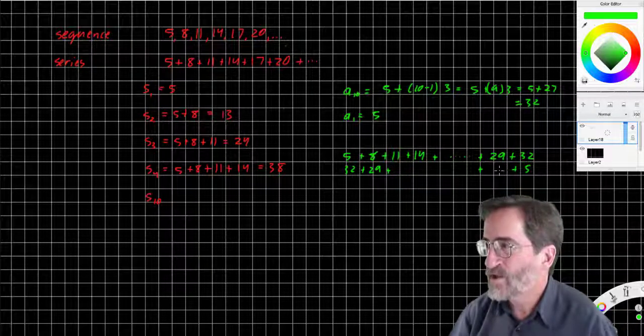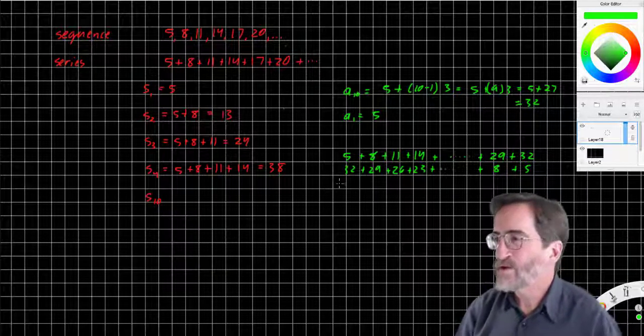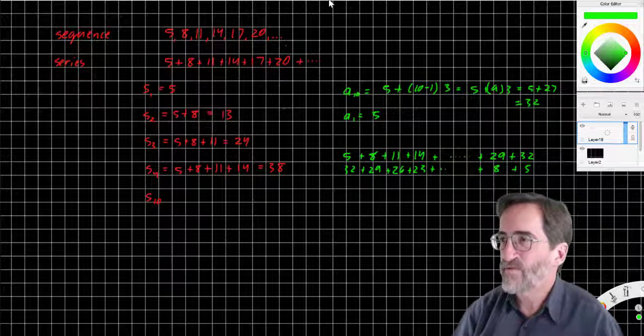You can see then that these are the same list, right? 8, 29, the next term going down would be 26, 23, plus ... Okay? And what I'm going to do is add these up vertically.